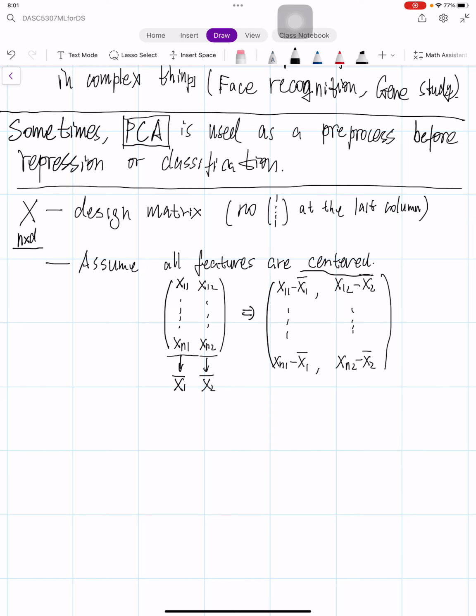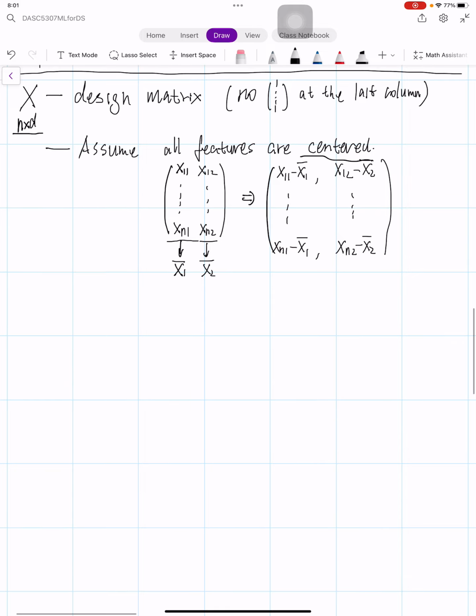Each column we subtract its average, we shift by the average. Therefore, for feature x, all the column summations should give you 0. If you sum i from 1 to n over all samples, for the jth feature, you should get 0 for all j.